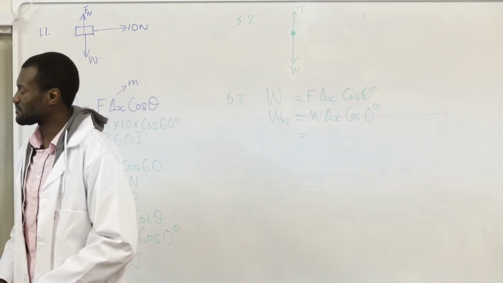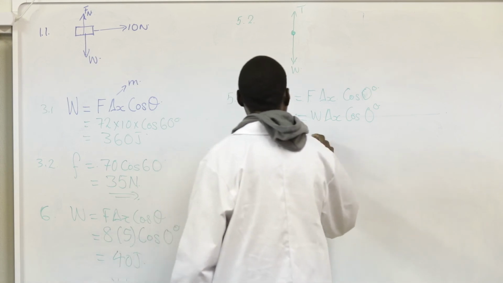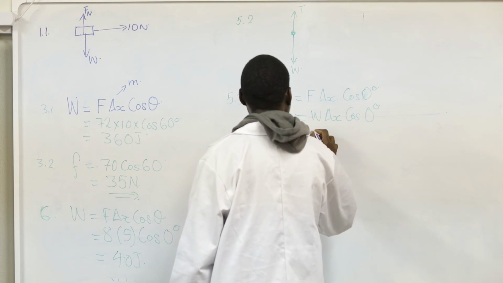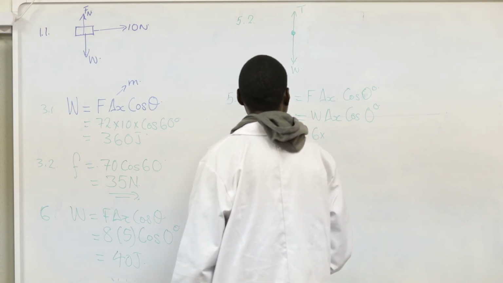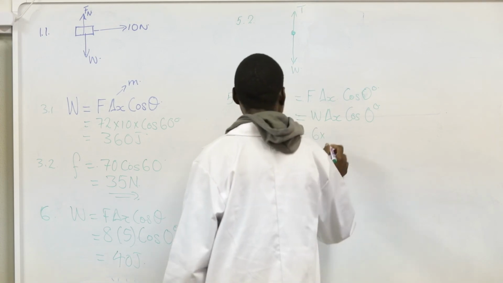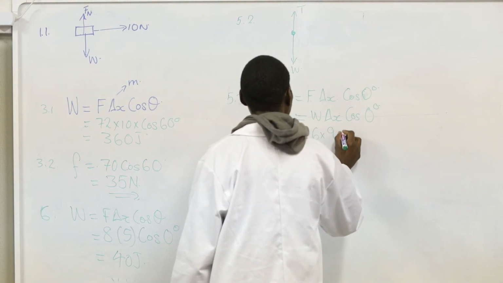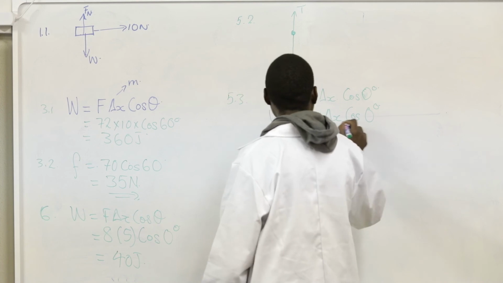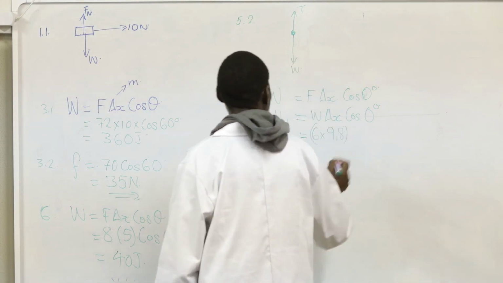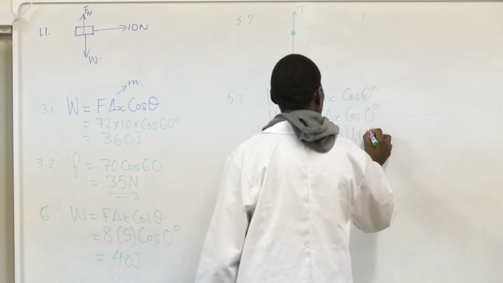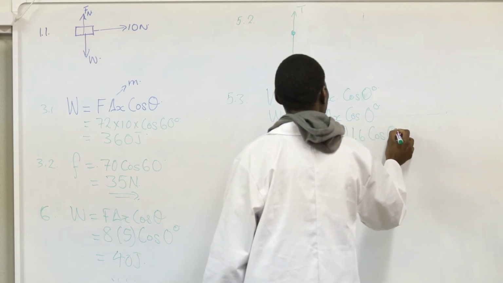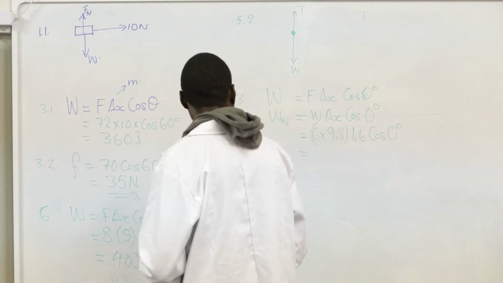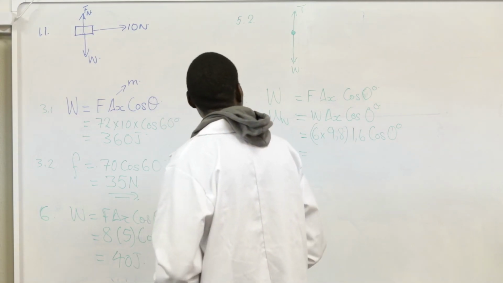How do we calculate the weight? The weight is found by multiplying the mass times acceleration due to gravity, which is 9,8 meters per second squared, times change in x, which we are given here as 1,6 multiplied by cos of 0 degrees. Once again, I encourage you to take out your calculator and work it out together with me.